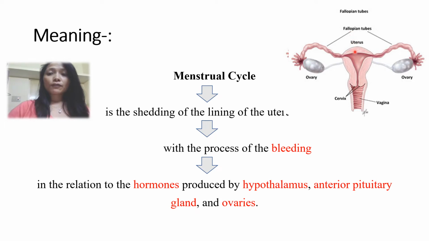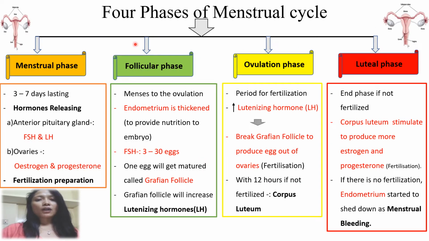From that, the bleeding will flow, which is the lining of the uterus. That is called the menstrual cycle, and it is regulated by hormones produced from the ovaries or from the brain, the hypothalamus, right? So this is the definition of the menstrual cycle. Hope you get a better idea today. Now, what are the four phases of the menstrual cycle?